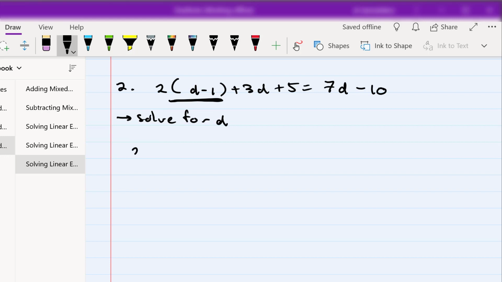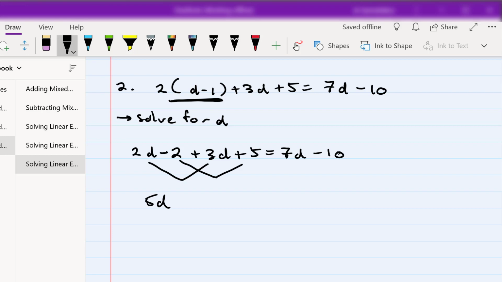So 2d minus 2 plus 3d plus 5 equals 7d minus 10. Now we continue by gathering like terms. So 2d plus 3d, that's 5d, and then minus 2 plus 5, that's plus 3, equals 7d minus 10.